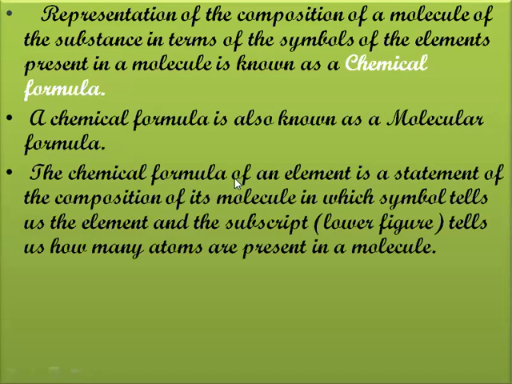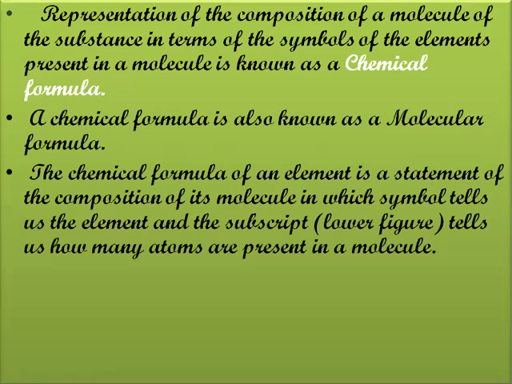The chemical formula of an element is a statement of composition of its molecule in which the symbol tells us the element and the subscript, or lower figure, tells us how many atoms are present in a molecule. Let us consider the formula of sulfur.